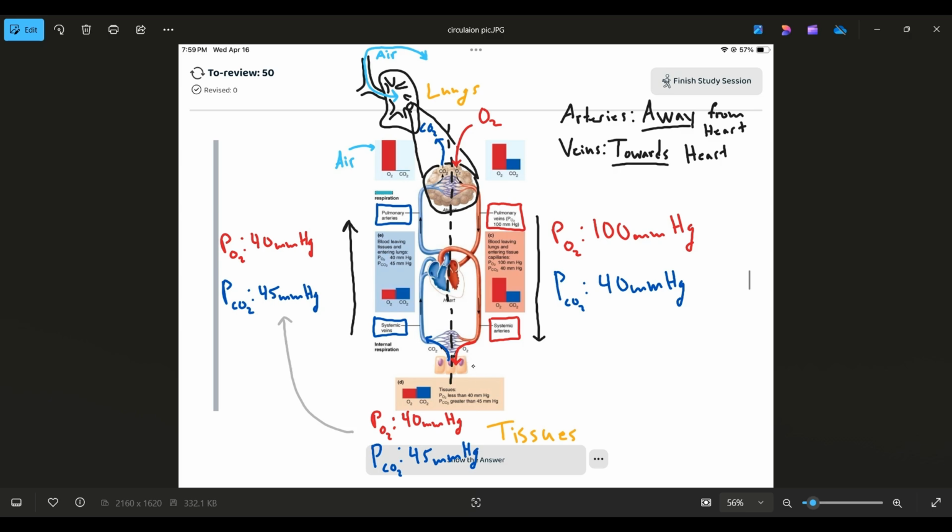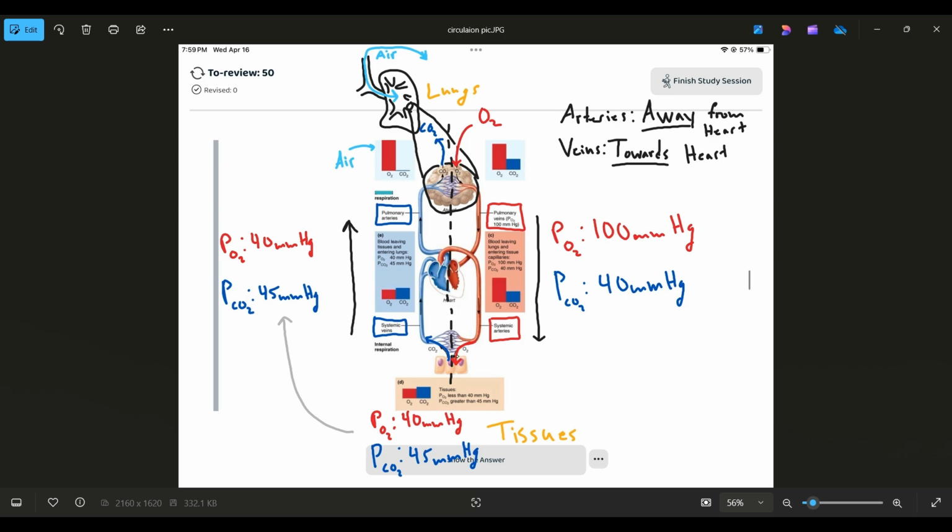This is good because then your tissues can use the oxygen, and they can likewise get rid of CO2, because here the CO2 pressure is 40 millimeters of mercury, which is lower than in the tissues, where it's 45. So it's going to move from high pressure to low pressure. You kick out the CO2 and it goes into these veins, and you'll notice the same trend where it moves up from 40 to 45.